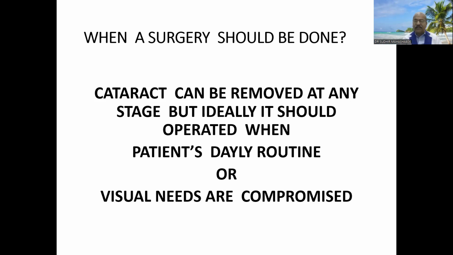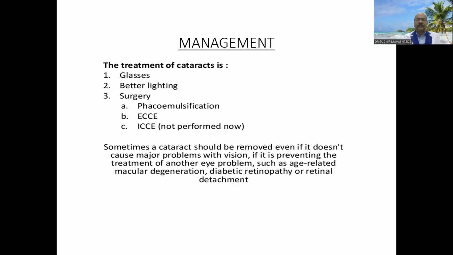But nowadays, we operate at the time when the patient's visual needs are being affected and cannot be corrected with optical support. Then we should remove the cataract and replace it by an intraocular lens. So what is the management of cataract step by step?